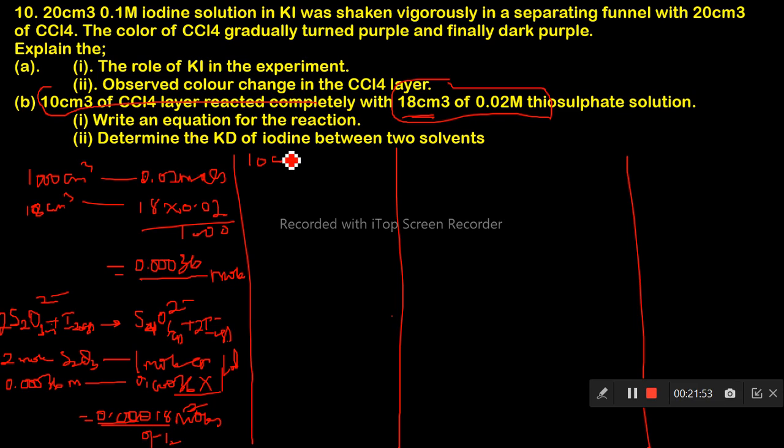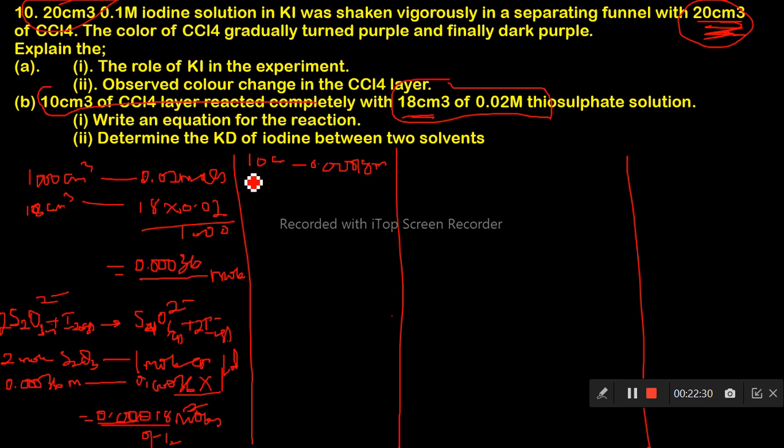So now if 10 centimeters cubed contain 0.00018 moles. Now, I think don't take it to 1,000 because we still don't want the 1,000 here. If you take it to 1,000, it will give us the concentration. But we still want to find how many in 20, so that we determine how many remained in the aqueous layer.